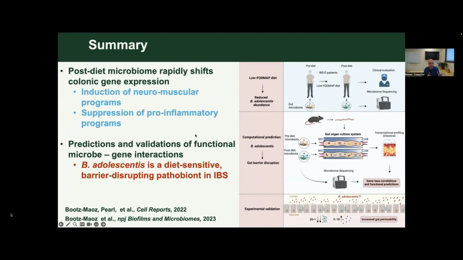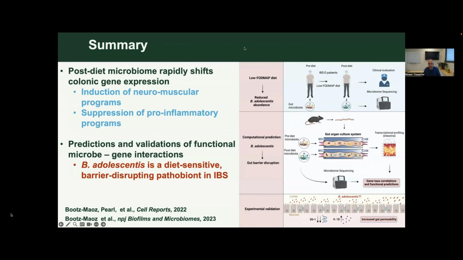We also show that the post-diet microbiome rapidly shifts colonic gene expression, especially inducing neuromuscular programs and suppressing pro-inflammatory programs. We also showed that using this system, we can predict and then experimentally validate functional microbe-gene interactions. We found that B. adolescentis is a diet-sensitive and barrier-disrupting pathobiont in irritable bowel syndrome.